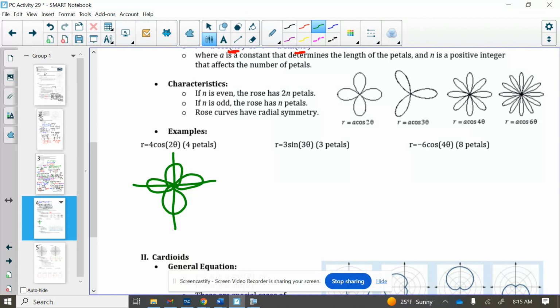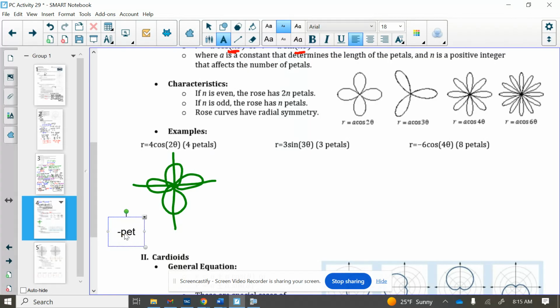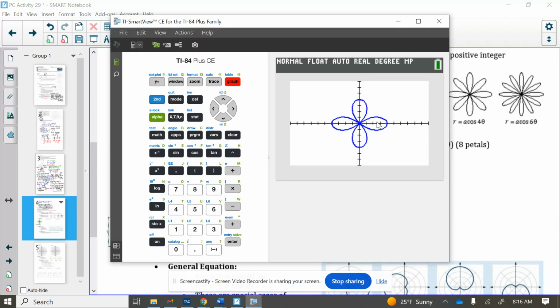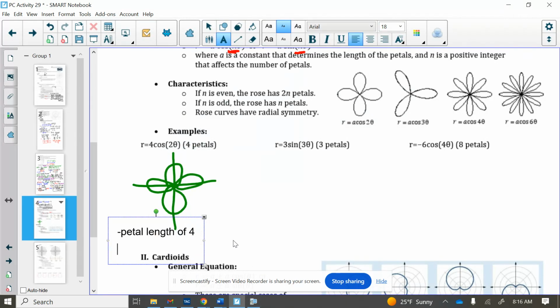Because of that 4 out front, it's going to have a petal length of 4, and you can see that well on this picture, going out 4 units. And this is, again, an even n.